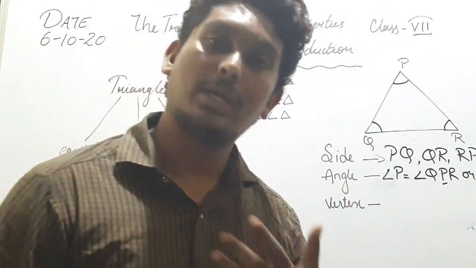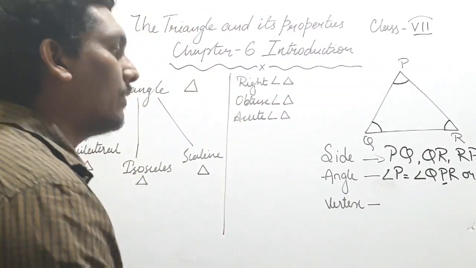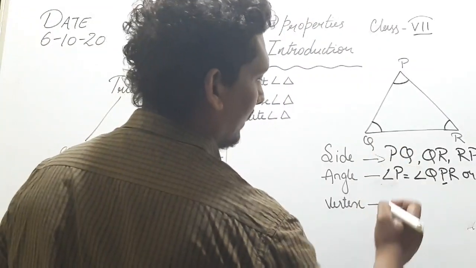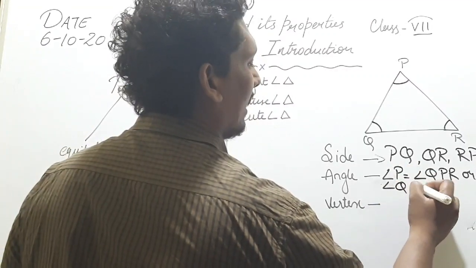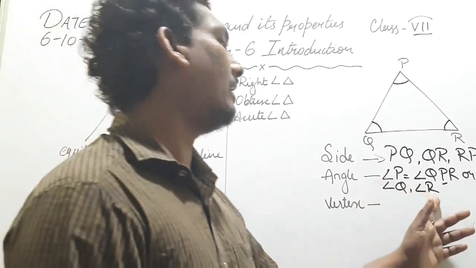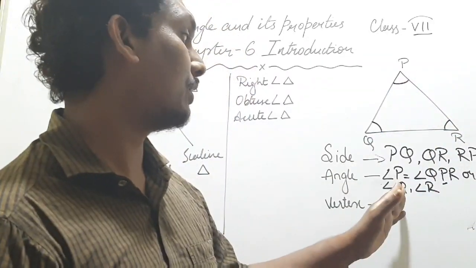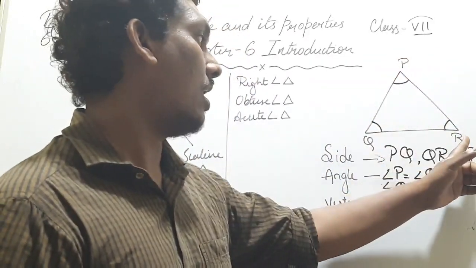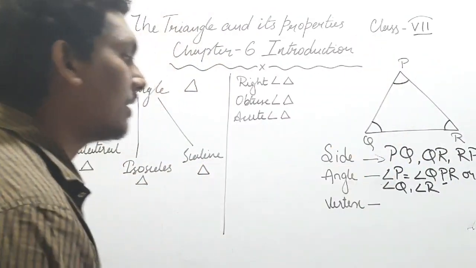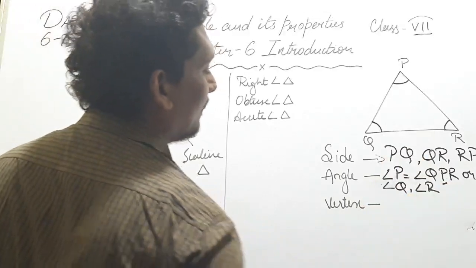In both ways we can write it, but whatever angle you are writing, that should come in the middle. Okay, so angle Q and angle R, basically for Q, PQR or RQP, same way for angle R also.